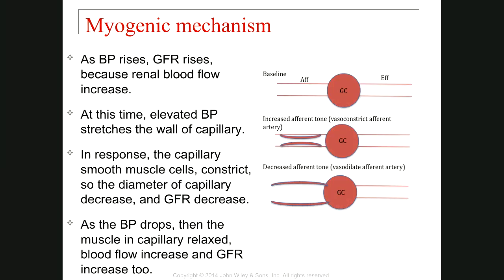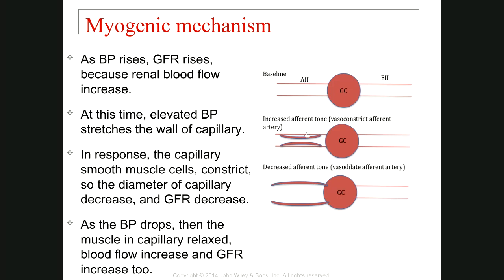In this picture, I want to talk about the myogenic response. Here you can see the afferent arteriole, here you can see the glomerular capillary, and this is the efferent arteriole. When the blood pressure goes up, the elevated blood pressure can cause a stretch in the wall of the capillary.